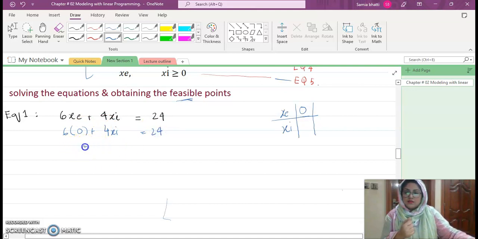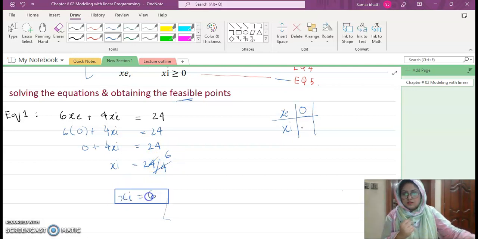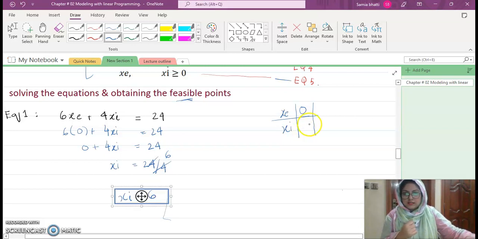This becomes 0, and xi is equal to 24 upon 4, and 4 sixes are 24. So xi is equal to 6. You see that by making xe 0, we got xi equal to 6.